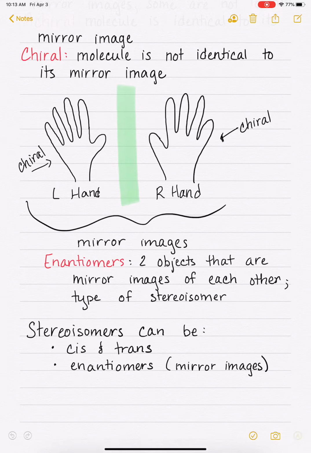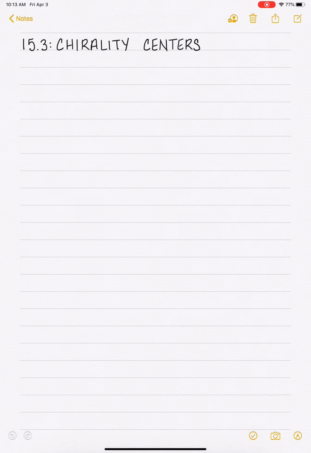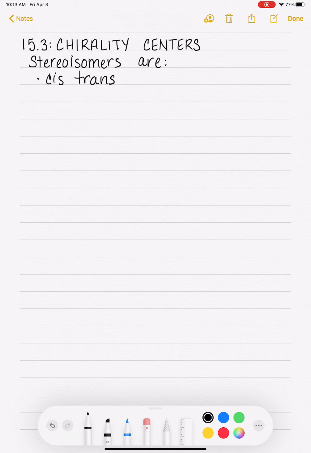So let's look back where we left off. The last thing that we were looking at here was stereoisomers in general. Stereoisomers can be either cis and trans, or they can be enantiomers, which are mirror images of each other. If we have a double bond in the molecule, stereoisomers are cis-trans, and we know that cis and trans isomers are possible when we have a carbon-carbon double bond in the molecule.